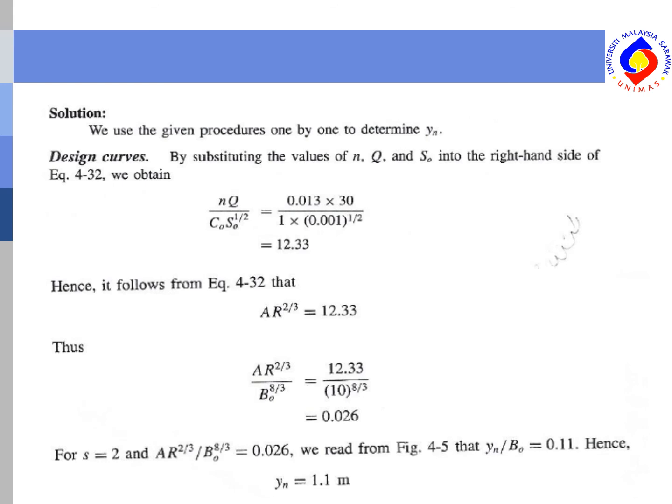From there, we pull up from the horizontal axis value of 0.026 until it touches the curve for the trapezoidal shape of z equal to 2, and then we read the vertical axis, which gives the value of yn over b equal to 0.11. So your yn will be equal to 0.11 multiplied by b, which is 10, which gives you 1.1 meter.